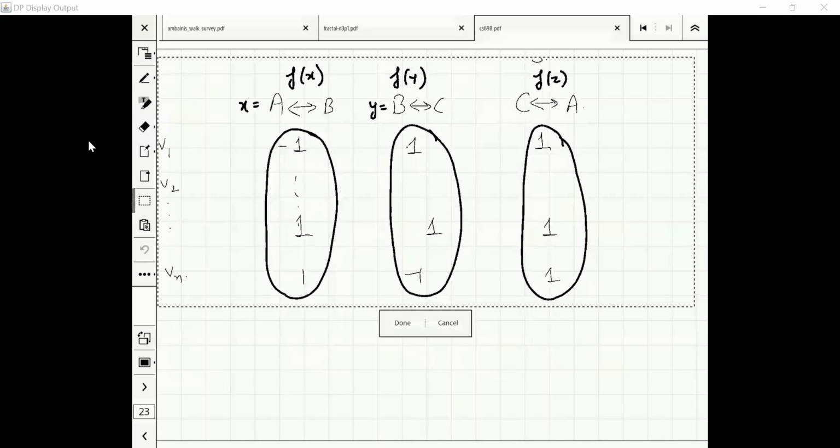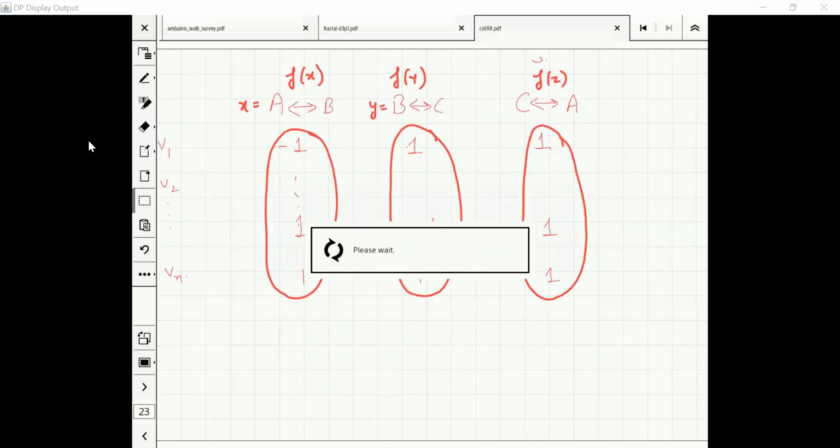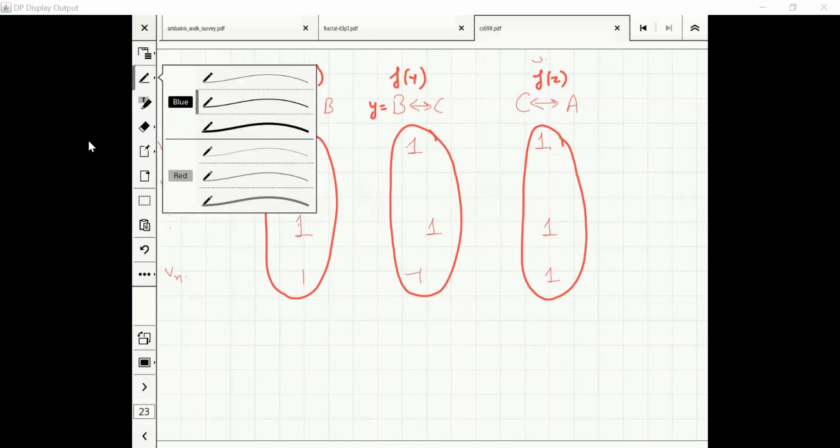So this is our strategy of election. It is not complete. Why is it not complete? Aditya already pointed it out.